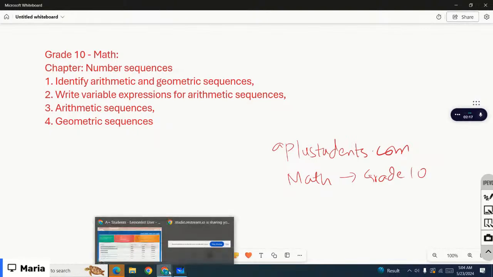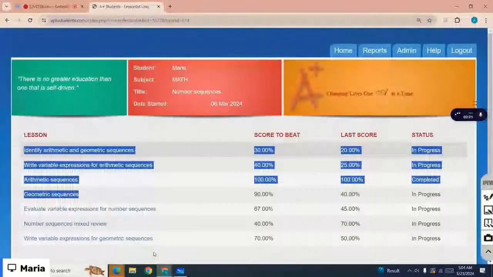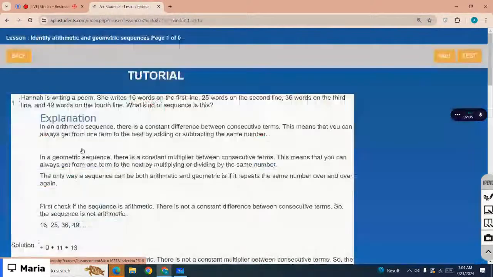Here I'm on grade 10 math, on the chapter number sequences. The first lesson is identify arithmetic and geometric sequences. So let's start with the lesson.